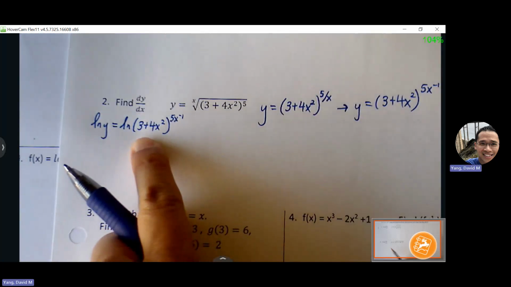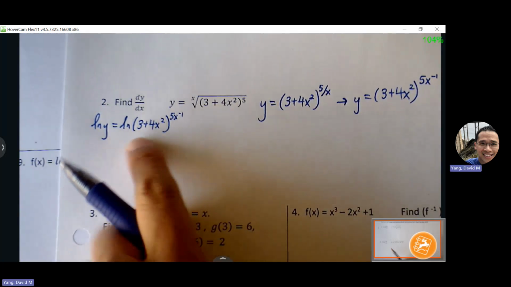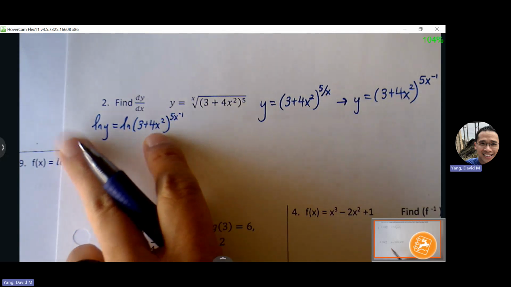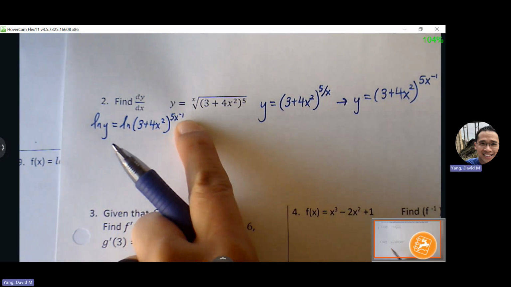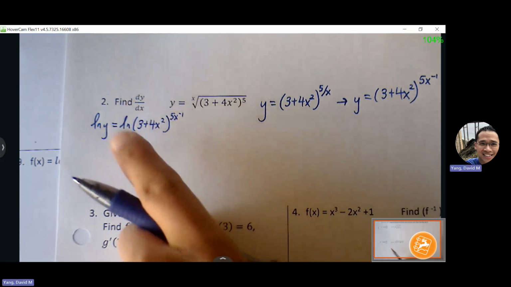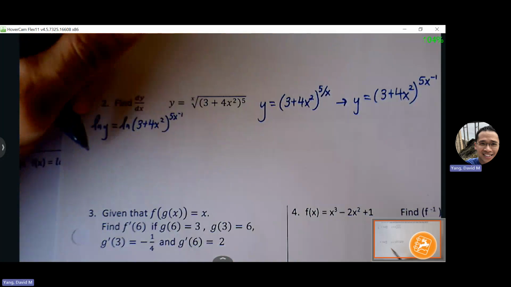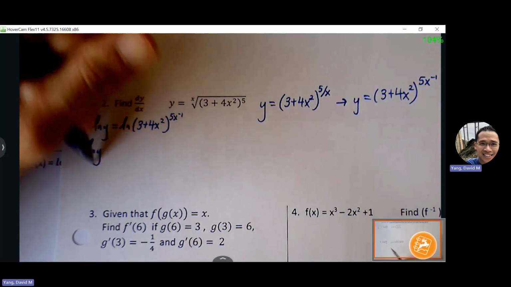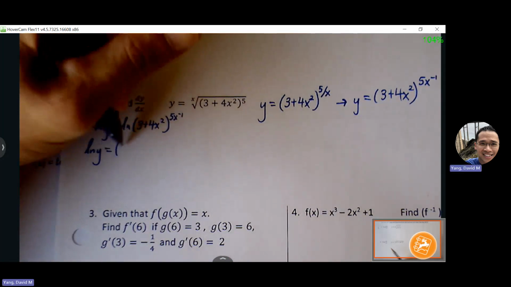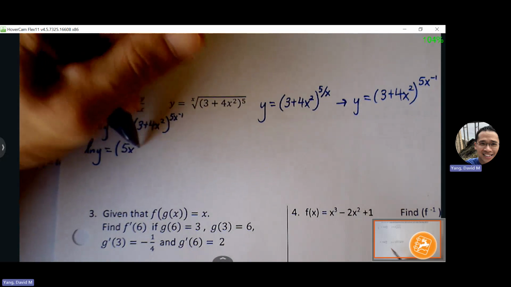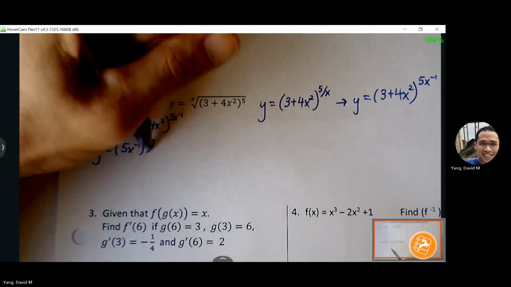Now that we have a log expression, what can we do with that 5x to the negative 1? Yeah, move it down. All right, so this is no calculus here. All we're doing right now is creating an easier form for the calculus portion to work.